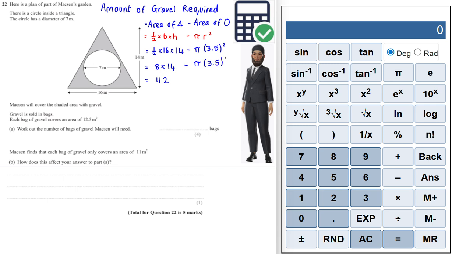Rather than doing that by hand, let me just plug it all into a calculator.